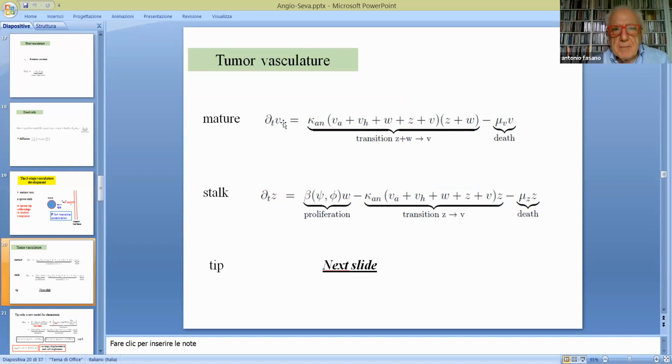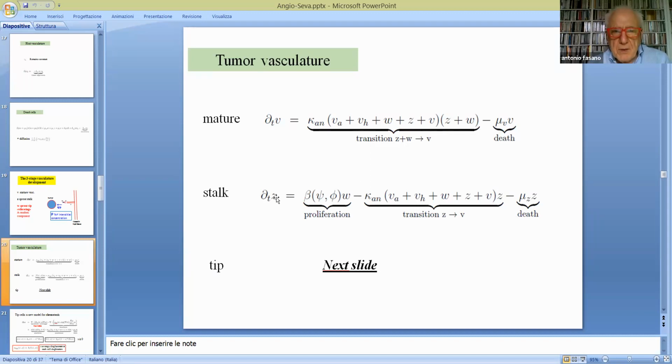So the mature vasculature is formed by the presence of the stalk plus tip cells, and it is stimulated by pre-existing blood networks, and there is also some death term.